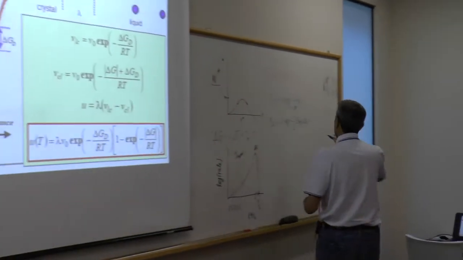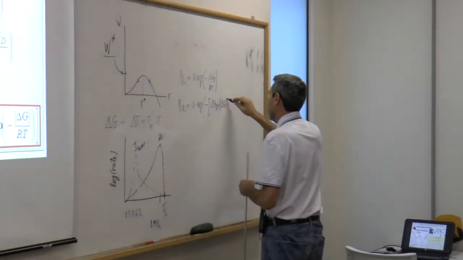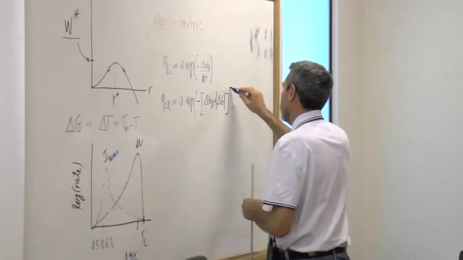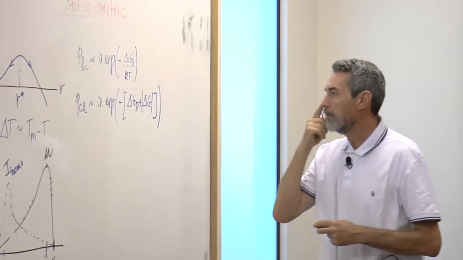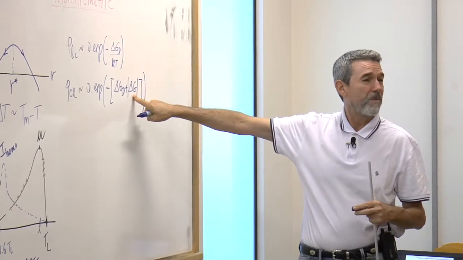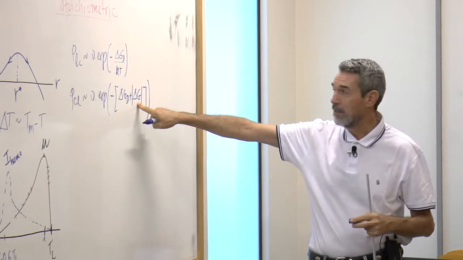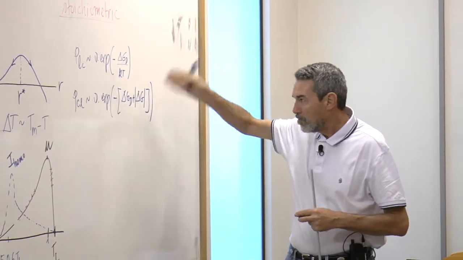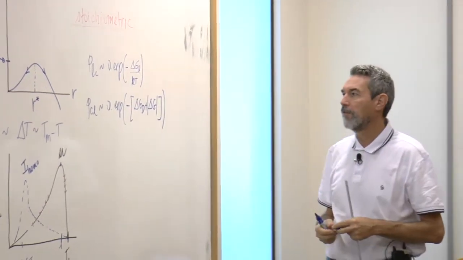I'm putting this in modulus because this is a negative quantity. To avoid confusion, I use the modulus because the free energy of the crystal is always smaller than the free energy of the liquid. So it's best to use modulus to avoid confusion.